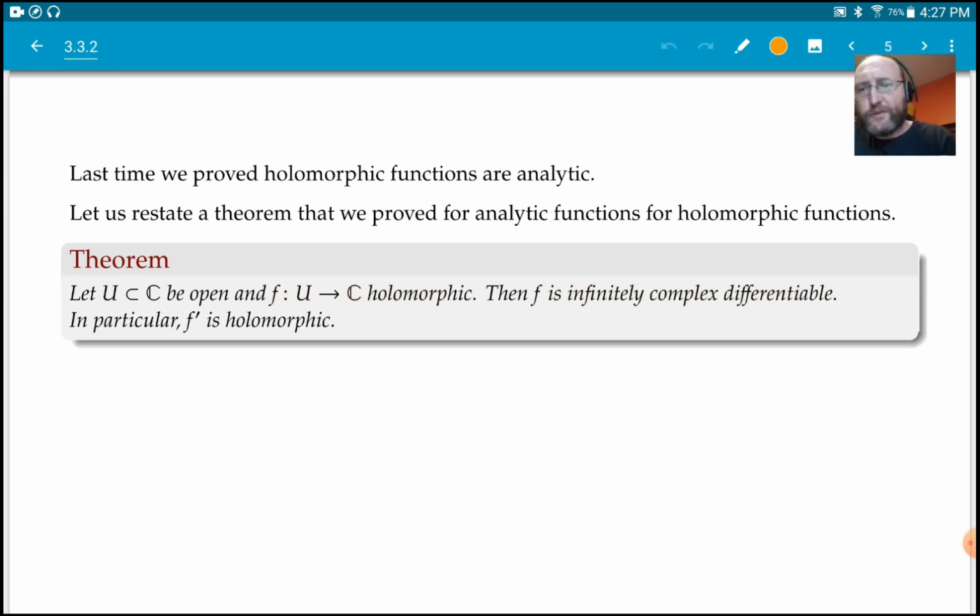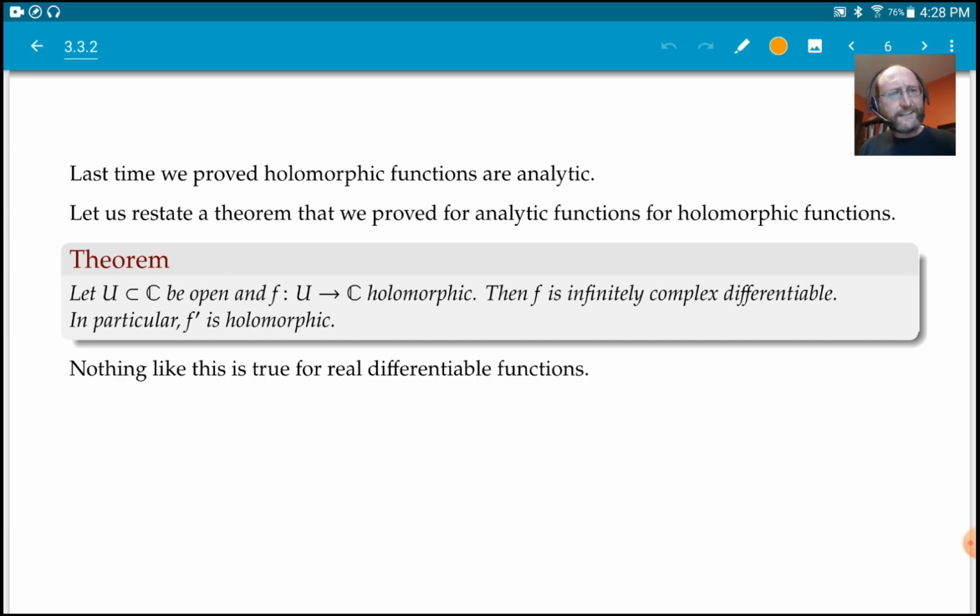In particular, we know that f prime, the derivative, is holomorphic. That's a little weird, right? We have a function, and if it's differentiable, then the derivative is differentiable, and its derivative is differentiable, and its derivative is differentiable. Just by having that first derivative, right?